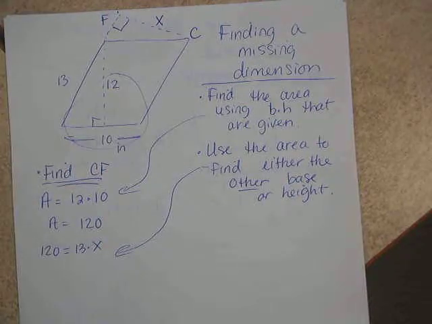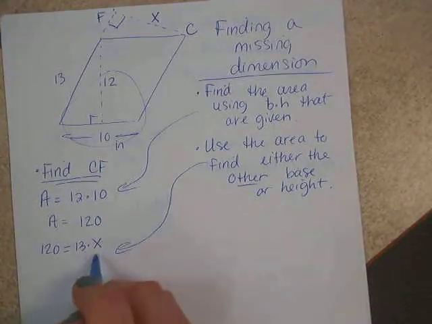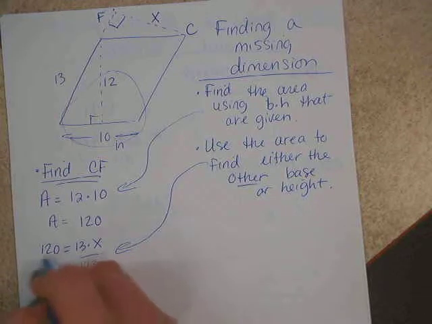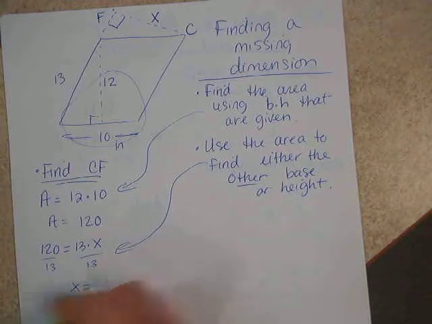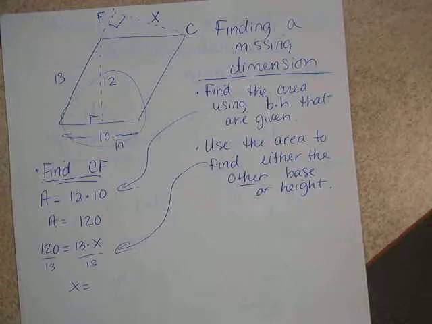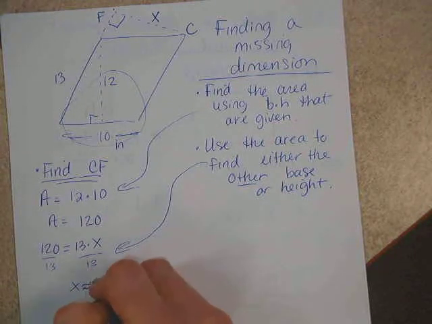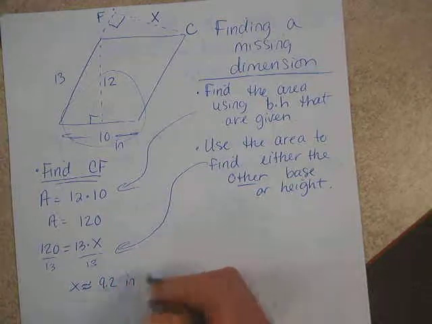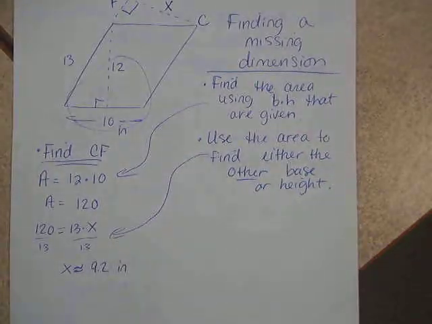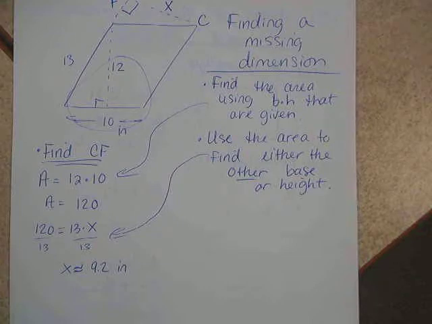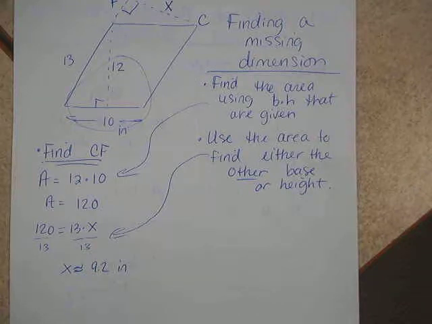So 120 should equal 13 times x also. Does that make sense? So you're going to divide out 13. So x would be approximately 9.2 inches.